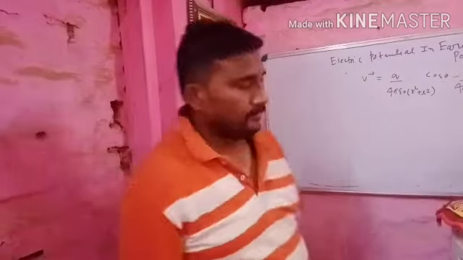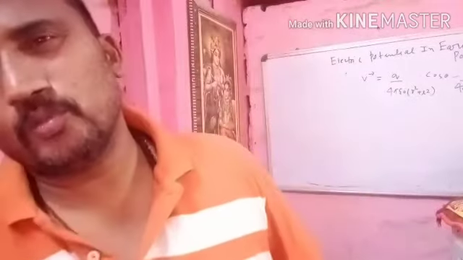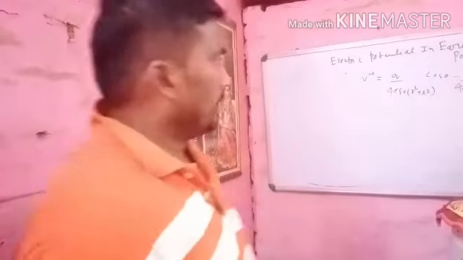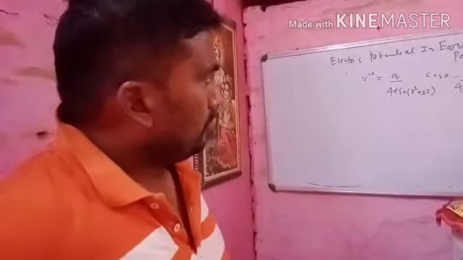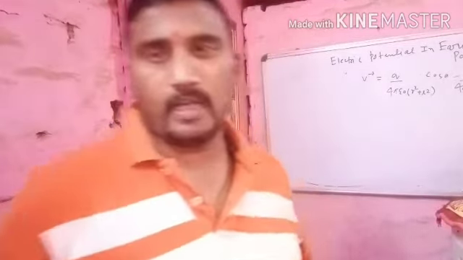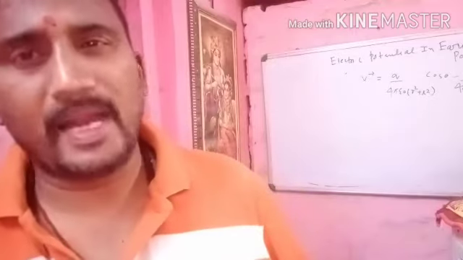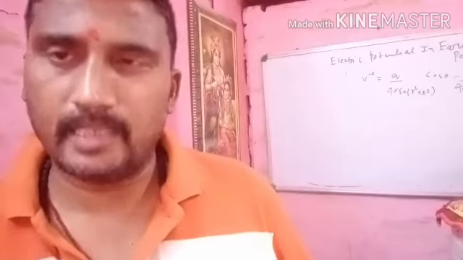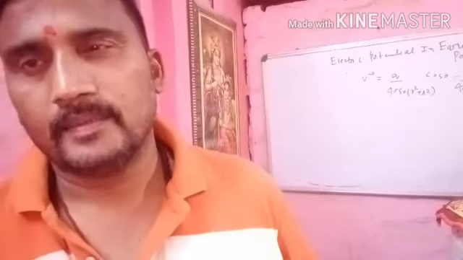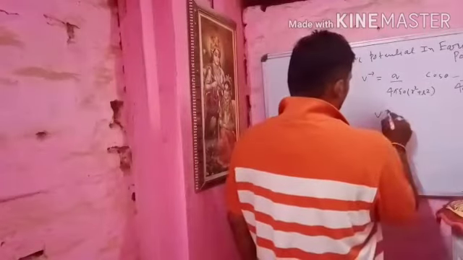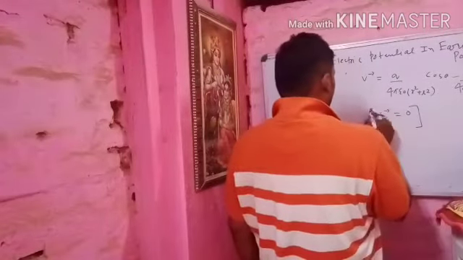We observe that the value is the same but the two charges are opposite, plus Q and minus Q. Then the total potential V is equal to Q upon 4 pi epsilon naught r square plus l square cos theta minus Q upon 4 pi epsilon naught r square plus l square into cos theta. Because the value is the same but the sign is opposite, the total potential in the equatorial position will be zero.